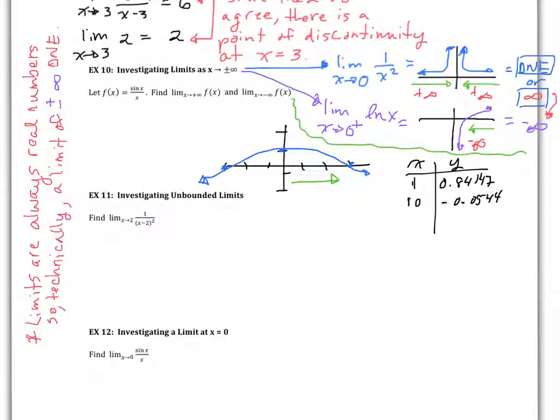Now I'm going to put in 100. Oh no, I still have a negative: negative 0.0051. What do you see happening here? It crossed the x-axis, right? It's negative, but it's getting close to what number? 0.